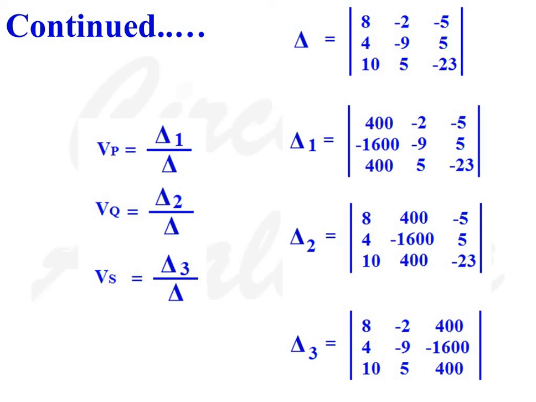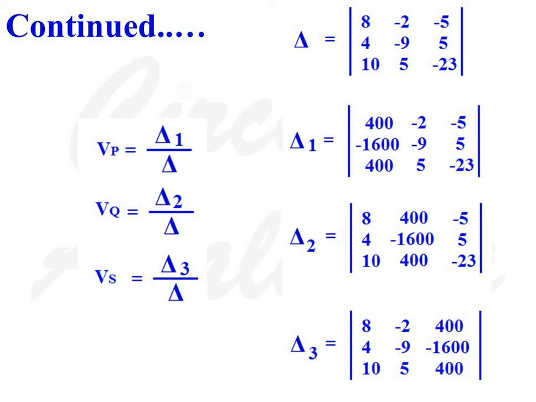According to Cramer's rule, we can write Vp is equal to delta 1 by delta, Vq is equal to delta 2 by delta, and Vs is equal to delta 3 by delta, where delta is equal to determinant of 8, minus 2, minus 5; 4, minus 9, 5; 10, 5, minus 23. Delta 1 is equal to determinant of 400, minus 2, minus 5; minus 1600, minus 9, 5; 400, 5, minus 23.